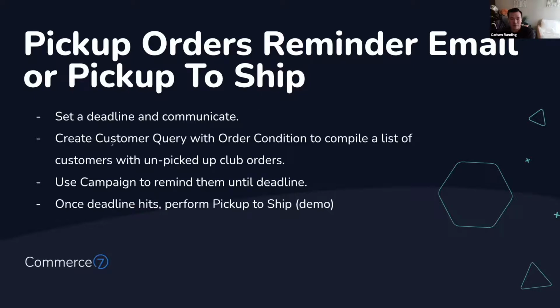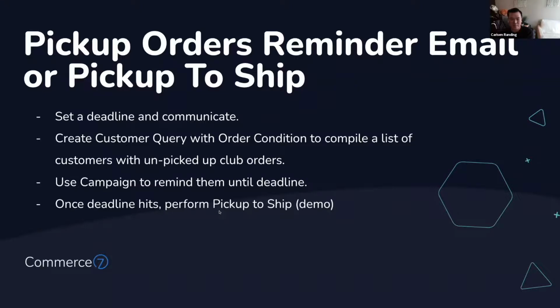The way to do that would be to create a customer query with order conditions, looking for club orders that are pickup and not fulfilled. Those are your unpicked up club orders. Tag those customers and send an email to that customer segment. Once the deadline hits, you want to perform a pickup to ship.